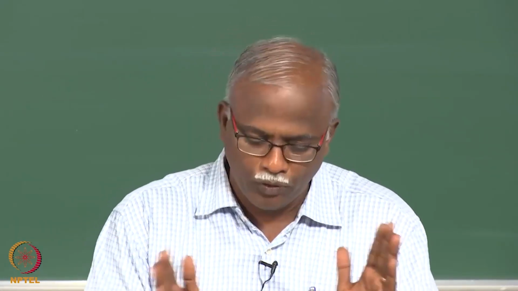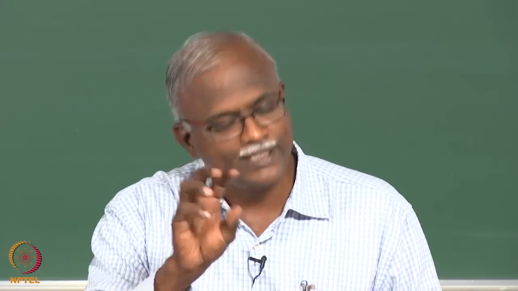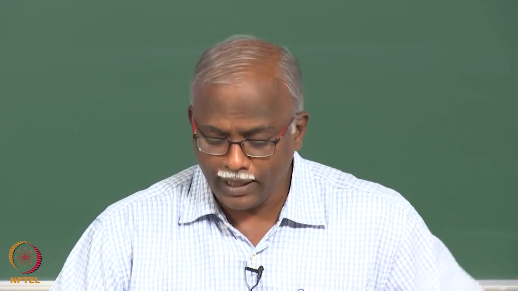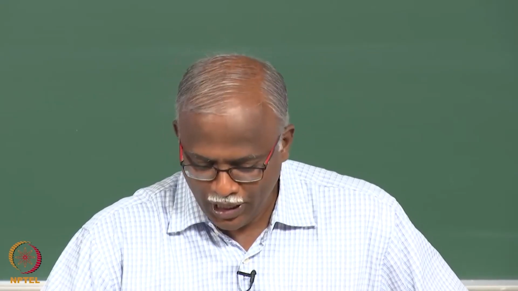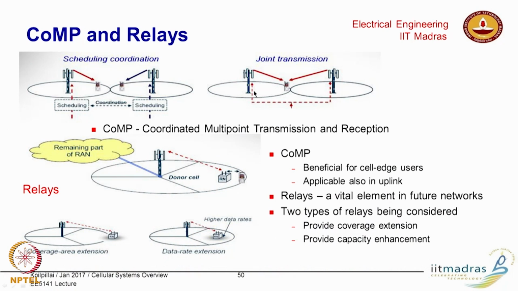So basically you find out which are the mobiles that are at the edge of the cell, and then you do the transmission. Now you can do something even better. We know that using multiple antennas, more antennas, is beneficial for any form of wireless transmission. So the 2 base stations can coordinate and transmit the same information to the mobile, because anyway when this one is transmitting, the other one is not doing anything, so therefore they could transmit.